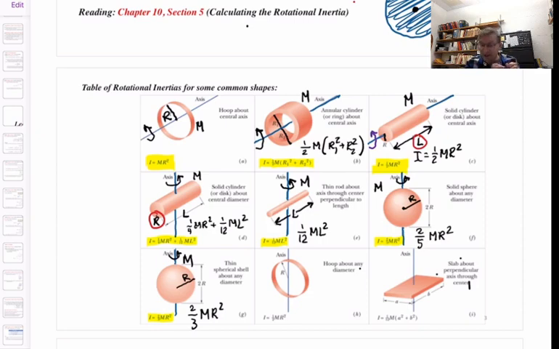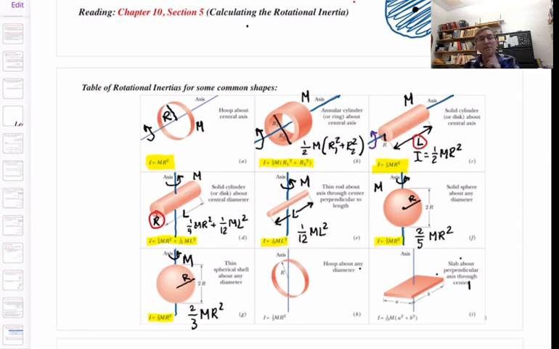And in G, the mass is all out at the outer edge, and the inside is hollow. Notice the rotational inertia values are slightly different. For the solid sphere, it's 2/5 mr squared. For the shell, it's 2/3 mr squared. Which one has a bigger I? It's the thin shell, right? 2/3 is bigger than 2/5.